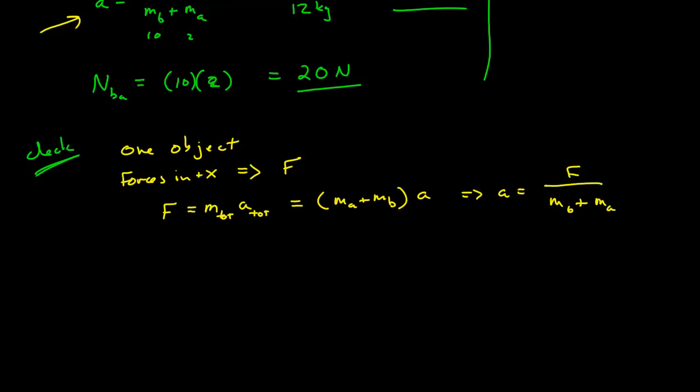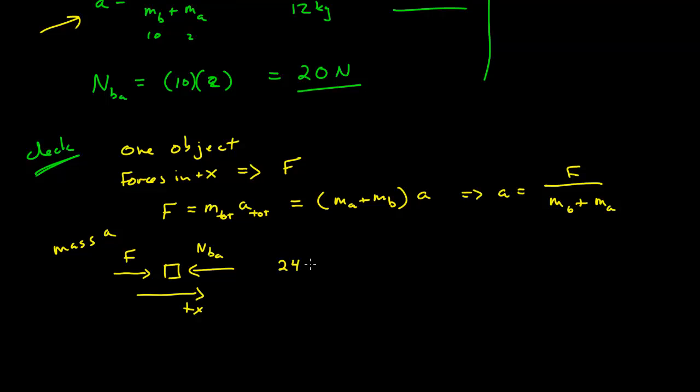Also, now let's look in one dimension at each object again. Let's look at mass A. What was its net force in the x direction? There is a force from this direction, and there is a normal force of B on A. Call this the positive x-axis.